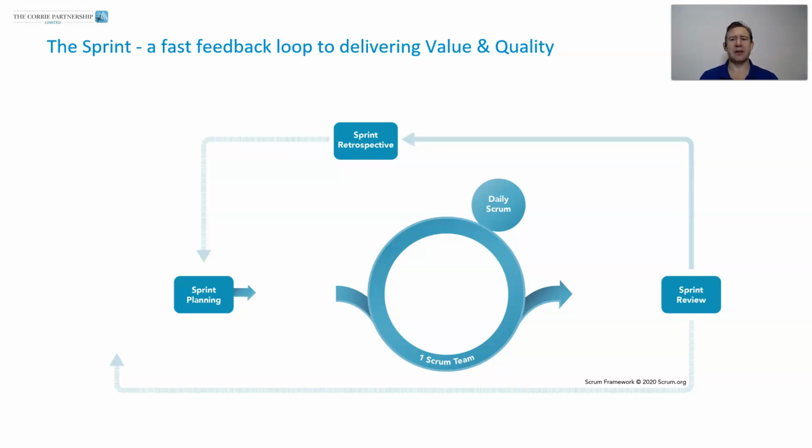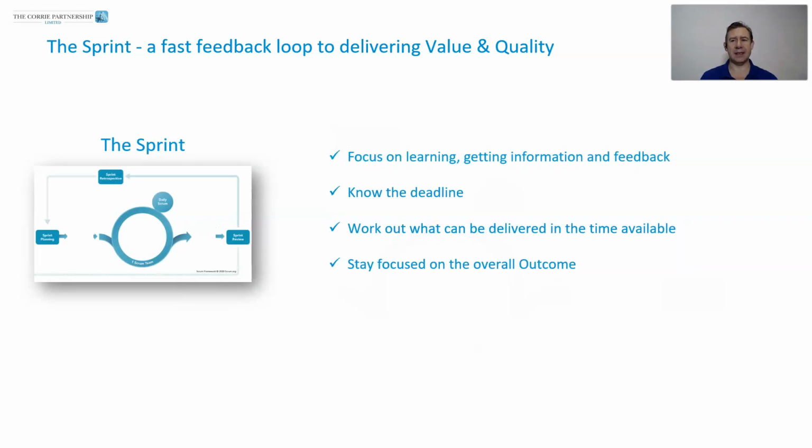So let's canter through why we use sprints. Again, we're focusing on getting feedback. The way we do that is by knowing what our deadline is, when the end of the sprint is, and then working out what we can deliver in the time available, all the time staying absolutely focused on the outcome.